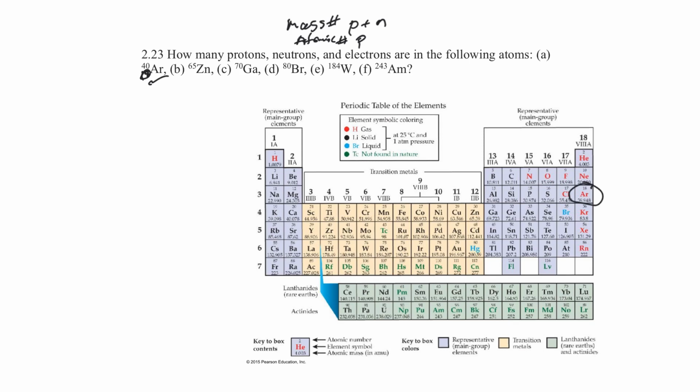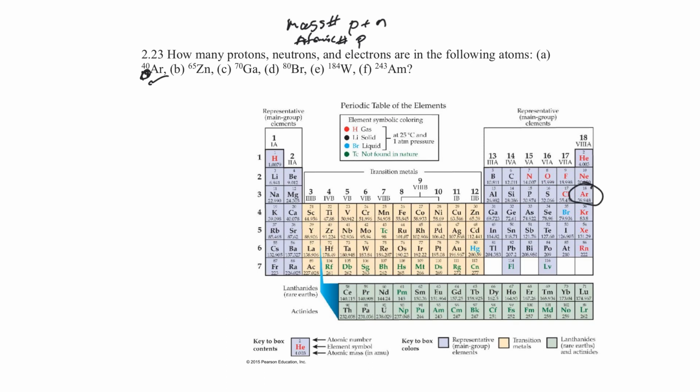The other thing to remember is that the protons and electrons are opposite in charge, but in a neutral atom, there's the same number. They cancel each other out. So in the case of argon, which has 18 protons, argon also has 18 electrons.